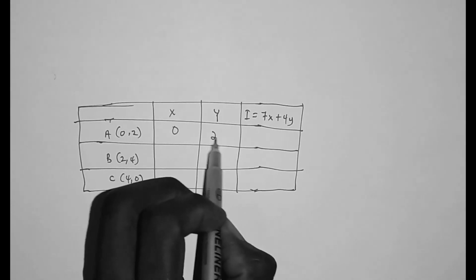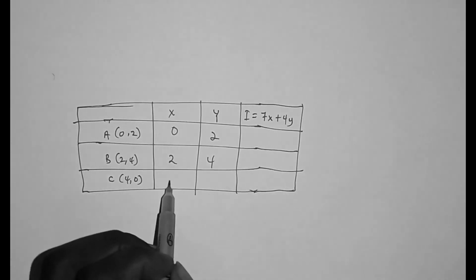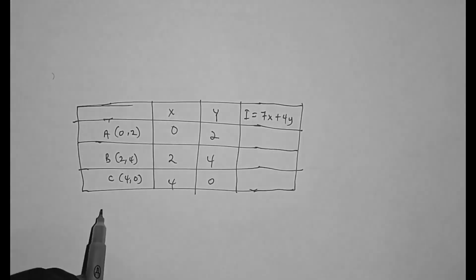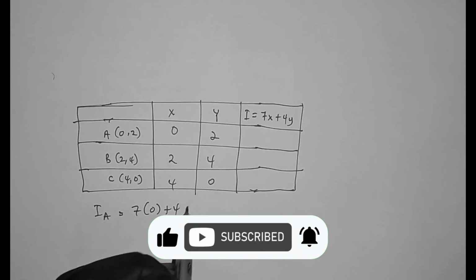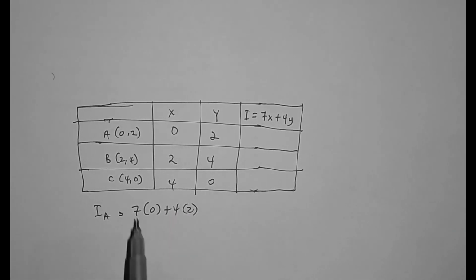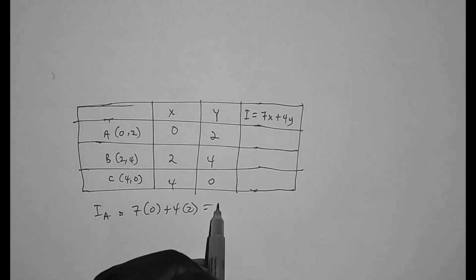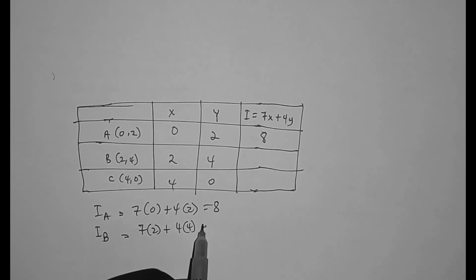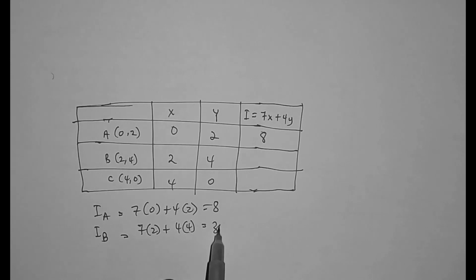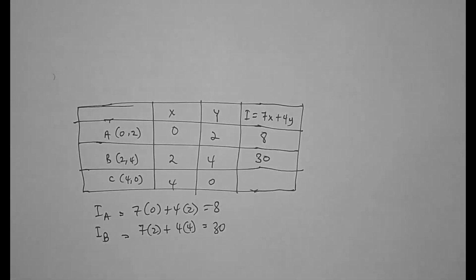So let's find I of A. That is 7 times 0 plus 4 times 2. 7 times 0 is 0, plus 4 times 2, that's 8. So this is 8. Then let's find I of B. It is 2, 4. So 7 times 2 plus 4 times 4. And that is 30.